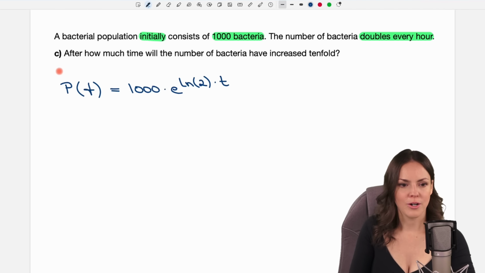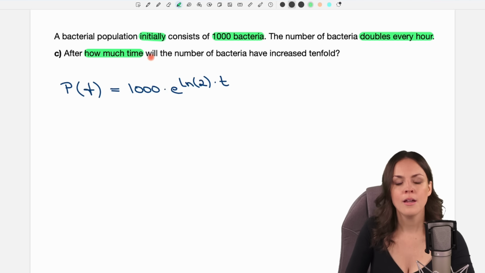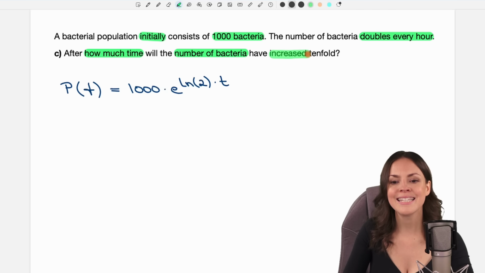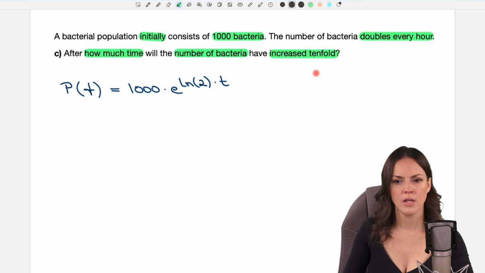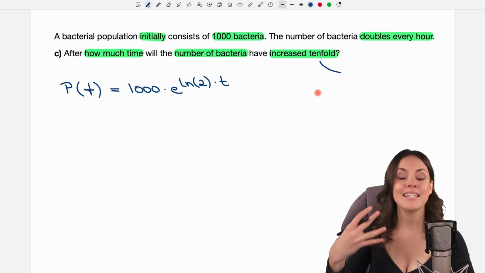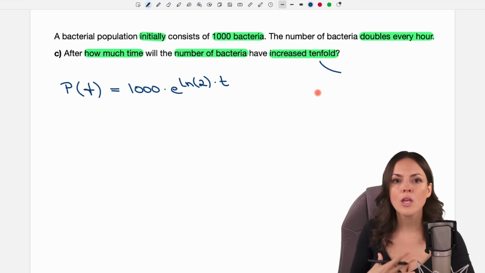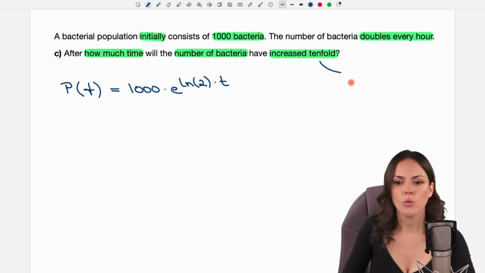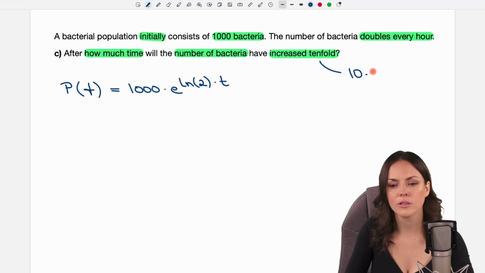And the last part. After how much time will the number of bacteria have increased tenfold? What does tenfold mean? That means 10 times what we initially had in our population. So 10 times our 1,000 bacteria, which equals 10,000.